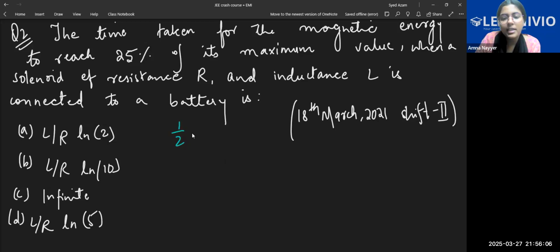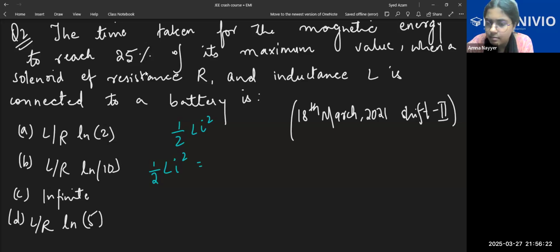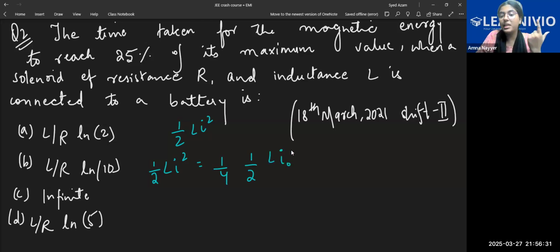See, the formula is half L I square. It says 25% of its maximum value. Maximum value is half L I square, so 25% is a quarter, means 1/4. So this will be 1/4 of half L I naught square, where maximum means peak value I naught.